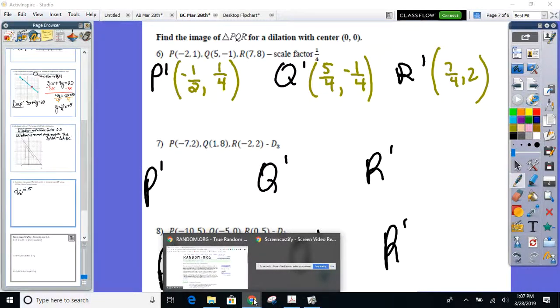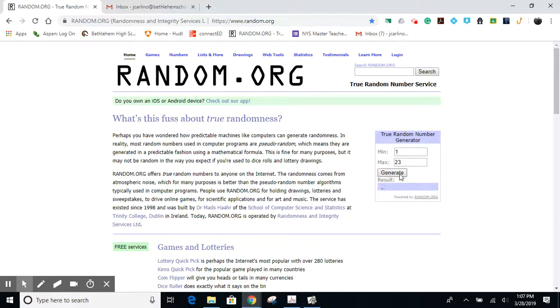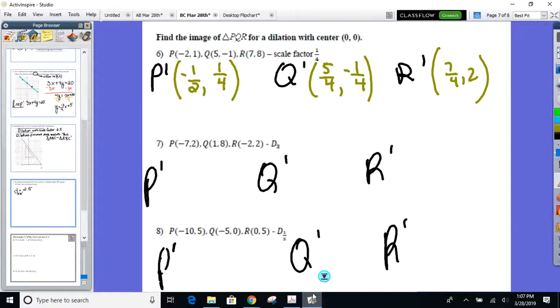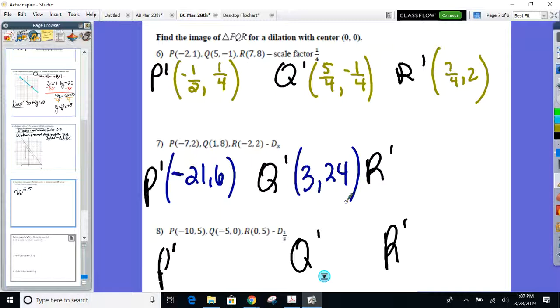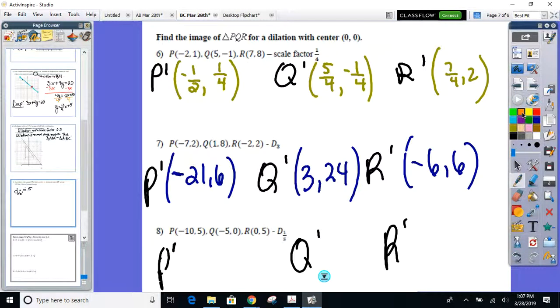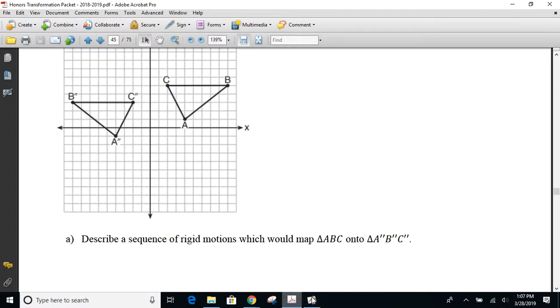Now we got a dilation of 3. Here we go. Dilation of 3. Negative 21.6, yep. 324, yep. Okay, any issues so far, guys? And one more before we go to construction time.